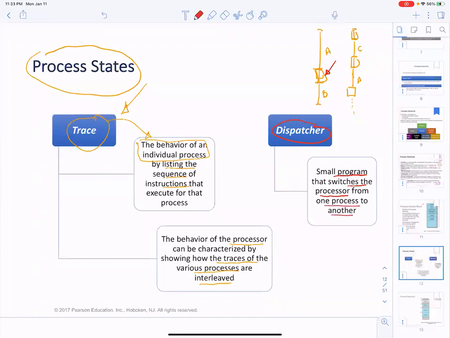The decision of which process to schedule, which process should be executed, is not made by the processor. This is done by the operating system, in particular the process manager component. And we use the dispatcher as a small program, just a couple of instructions, that we load into the main memory every time we would like to switch from one process to another process.